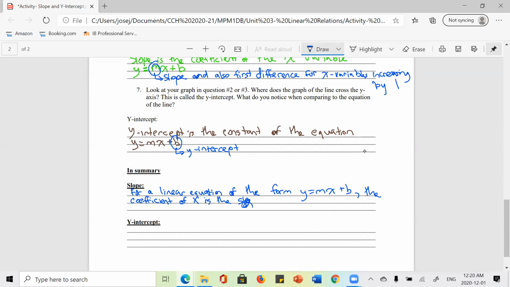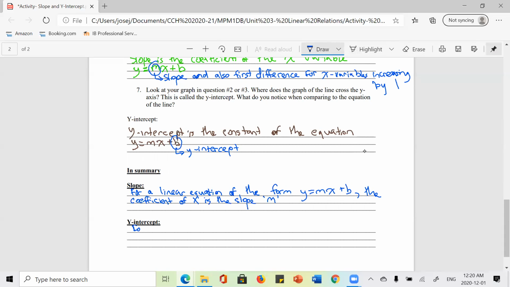And of course, we'll talk about this in a lot more detail in lesson 4 as well. But I just wanted to introduce this idea because it does come up already. So it's the m value there.